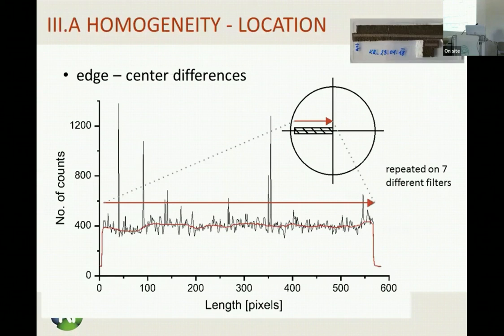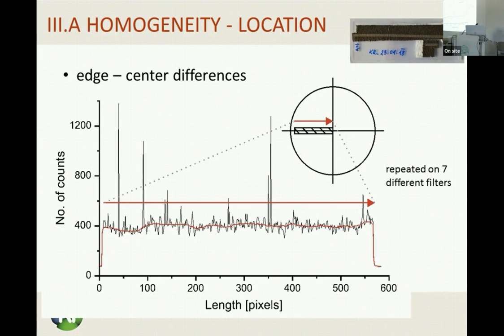In the next step, we wanted to determine a subsampling procedure, so we needed to look into the homogeneity of the samples. And first we assessed the influence of location on the filter to see if there is any difference in the position of elements between the edge or the center of the filter.